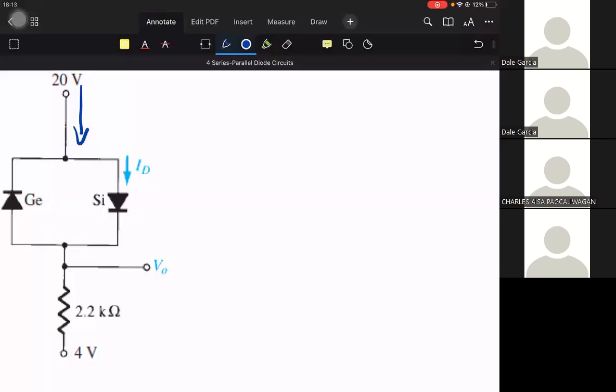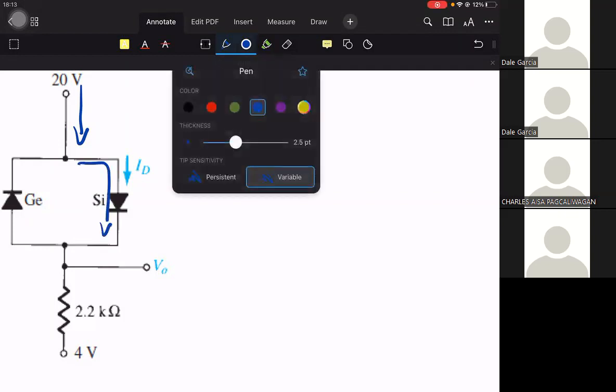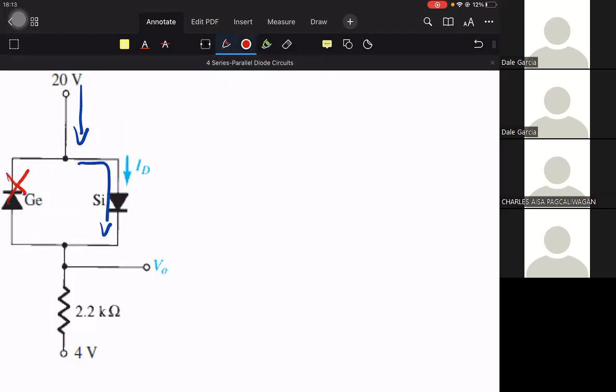So clearly, si silicon diode ang forward bias, dili si germanium. So si germanium is reverse bias na siya. So no current will flow in that direction.